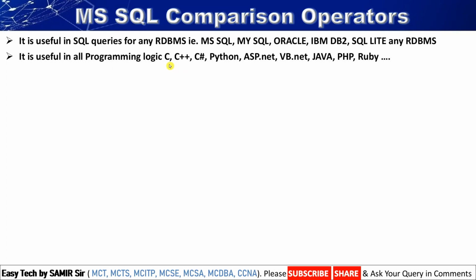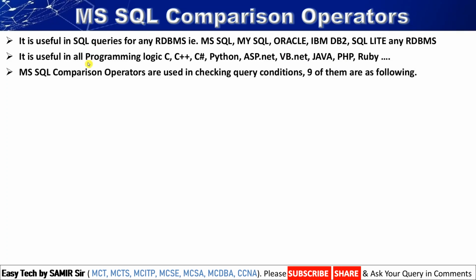Whether you use C, C++, C#, Python, ASP.NET, VB.NET, Java, JavaScript, PHP, Ruby, Fortran, COBOL, BASIC, any language in computer history, to check conditions we have to use these comparison operators everywhere. So in MS SQL, comparison operators are used for checking conditions.